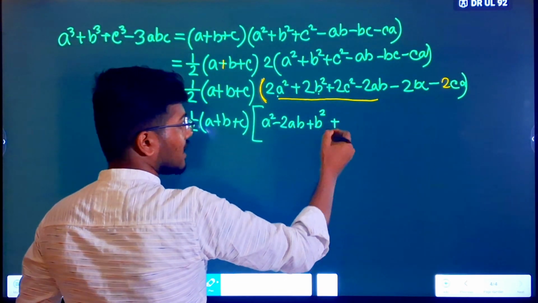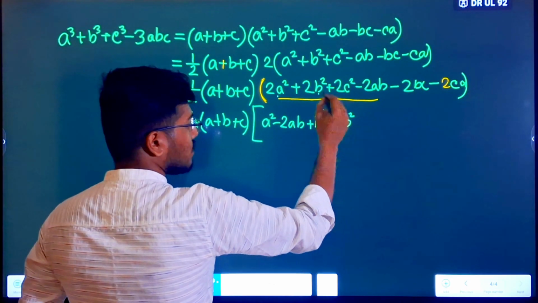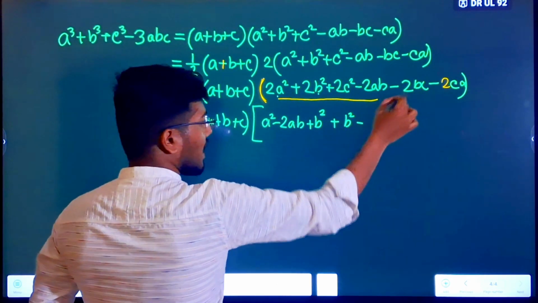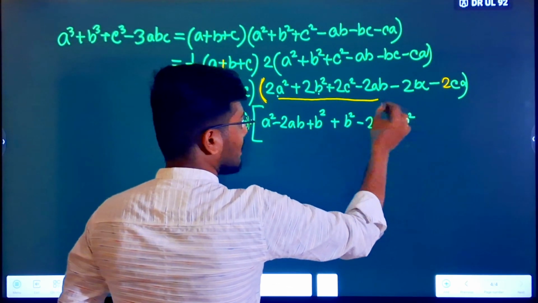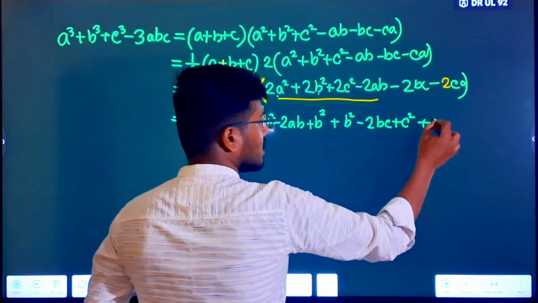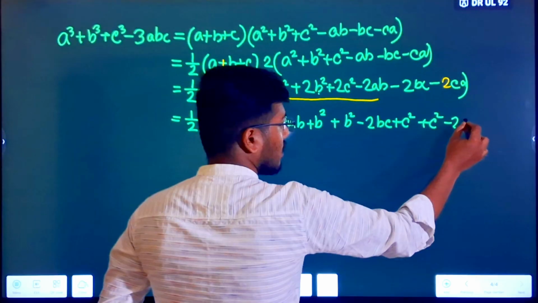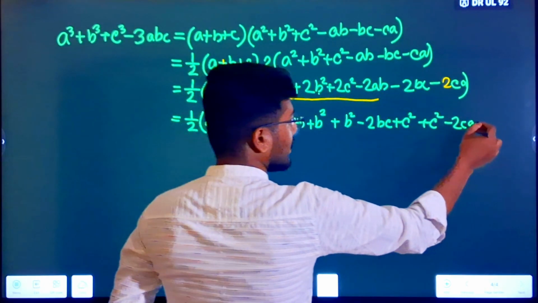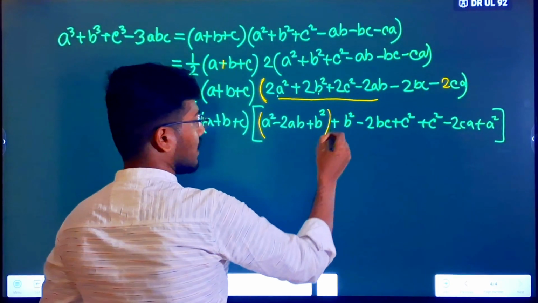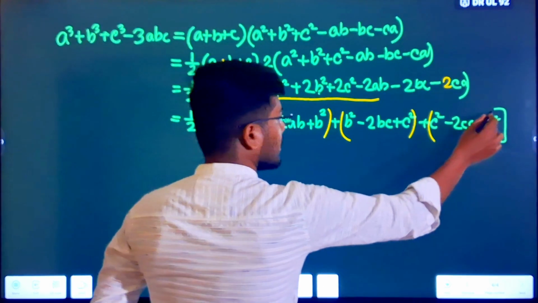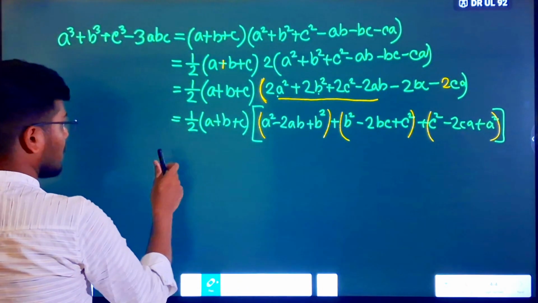Next you put the plus sign, take one b square, so obviously 2b square. Done. Next minus 2bc and take one c square. So what is the remaining part? One c square is remaining, that means c square, and minus 2ac or 2ca and one a square remaining, write down a square. Then you put a bracket, one bracket, second bracket, and this is the third bracket.